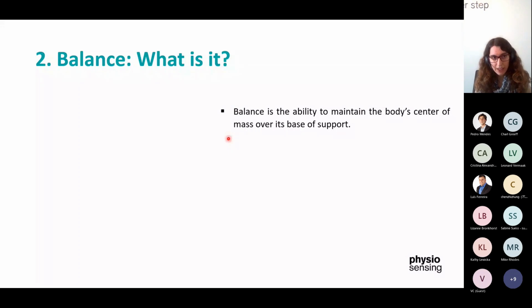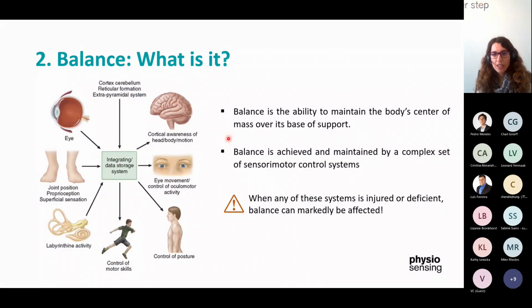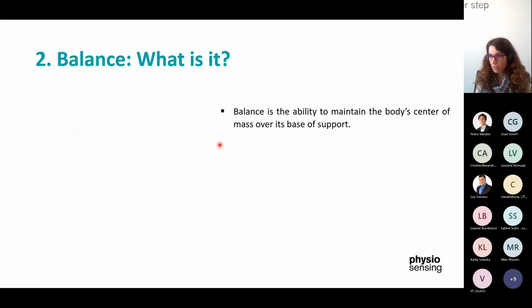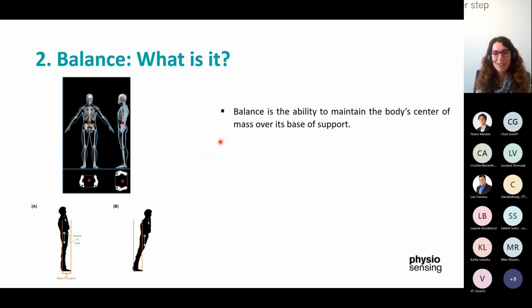The center of mass is the mean position of the object, and you can see the center. Now you can see the center of pressure point here, for example. The center of pressure is the projection on the support surface, representing all the forces on the plantar surface.